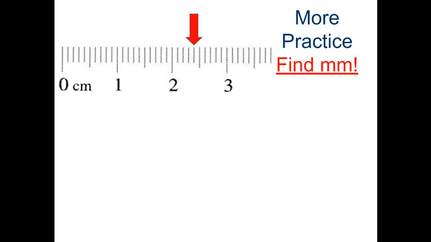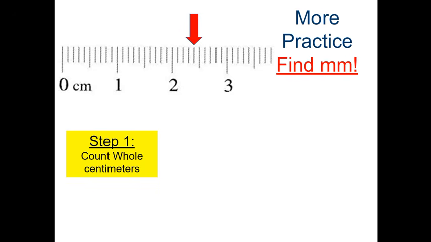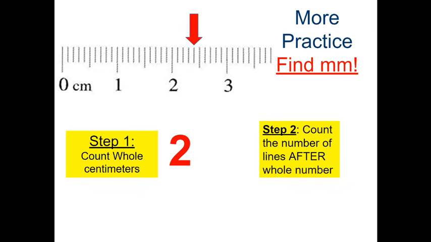The next one we're going to be doing is millimeters. So we're looking at step number 1, which is find our whole number, which is going to be 2. Step number 2 is going to be count the number of lines after that whole number, which in this example is going to be, that's right, 4. And so we have 2.4 centimeters.